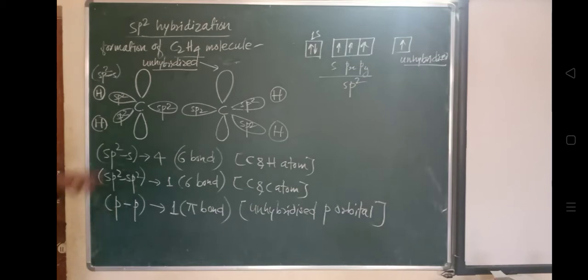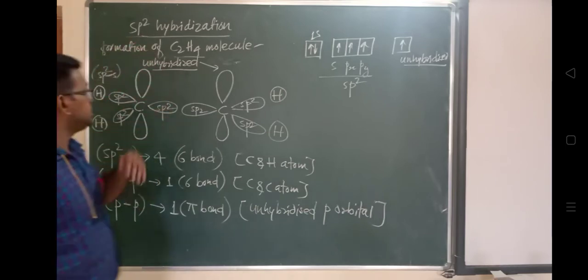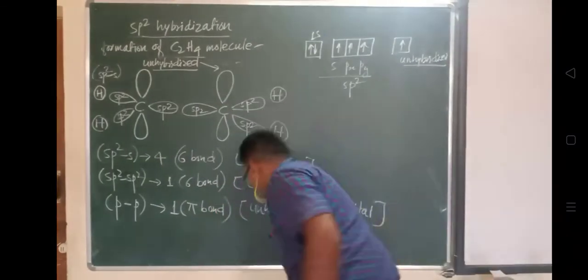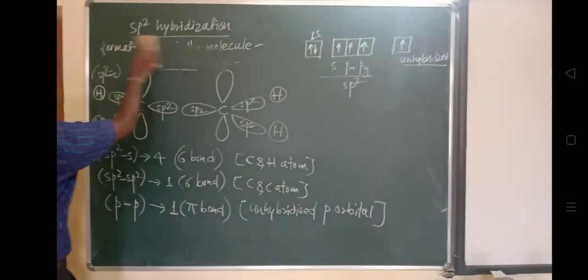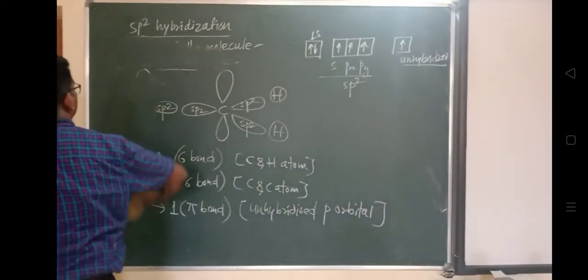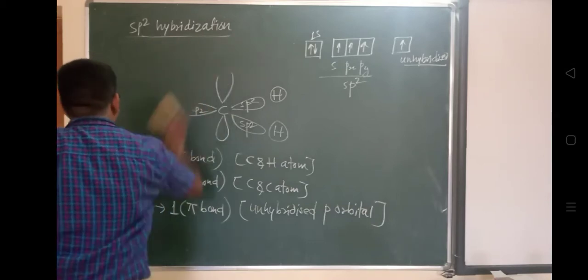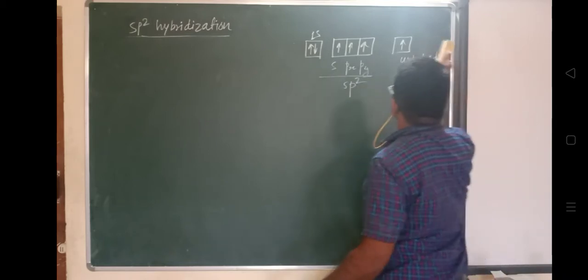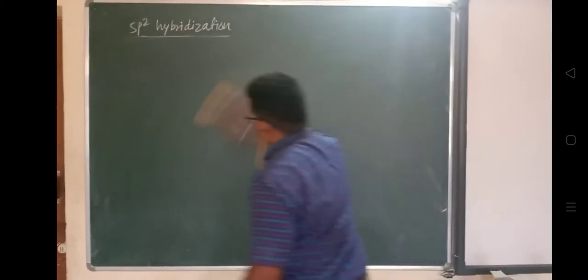So another example is the formation of boron trifluoride, the BF3 molecule, in which sp2 hybridization takes place. So, the need of hybridization: observed valency of boron.